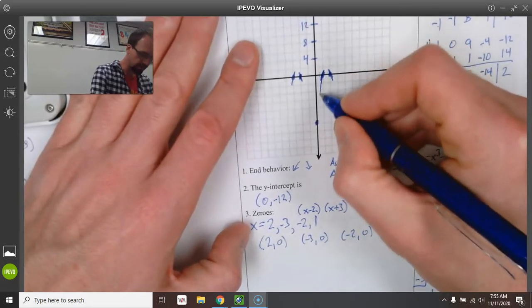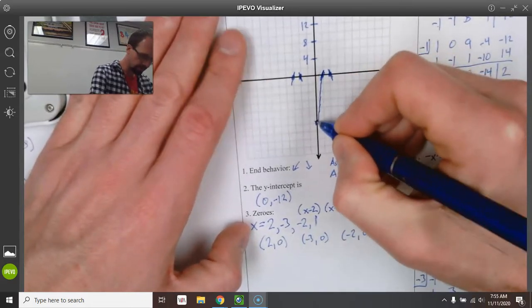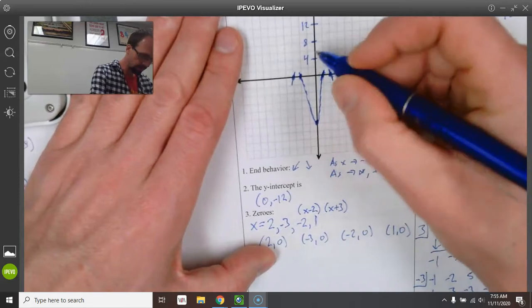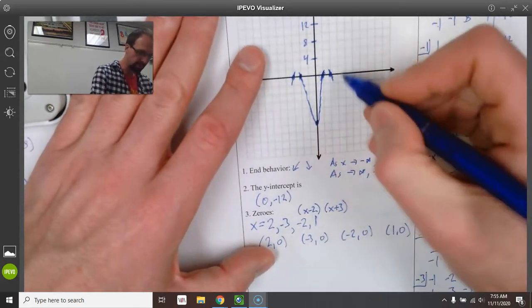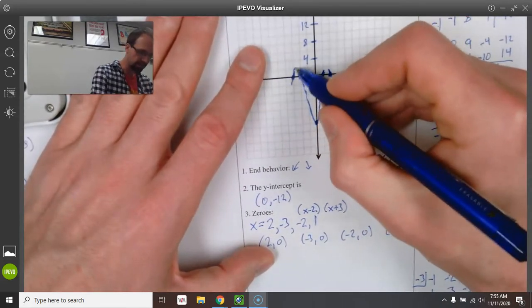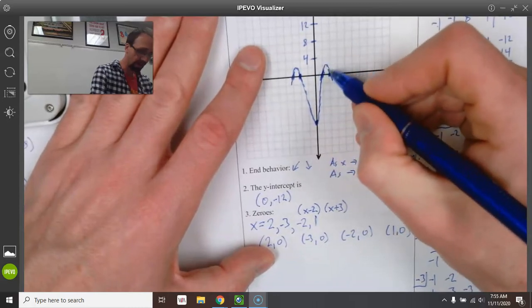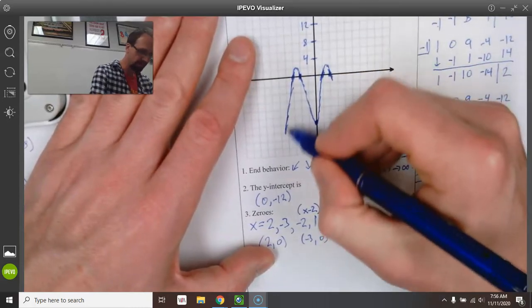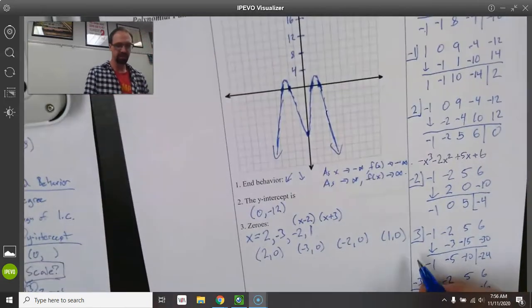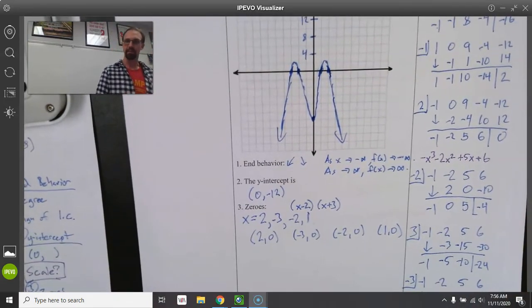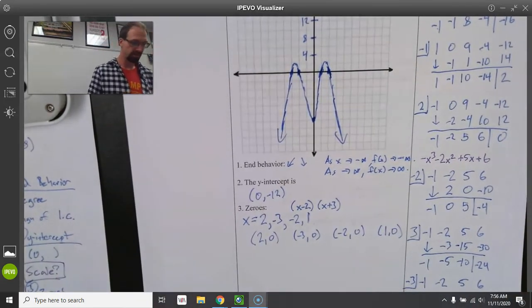So I know that these are going to intersect here, here. What I don't know is how far there's a maximum here and a maximum here between these two. I don't know how high it goes. This is just a rough estimate to give me my best shape of the graph. So this is the best that I have with the information on the graph given so far.